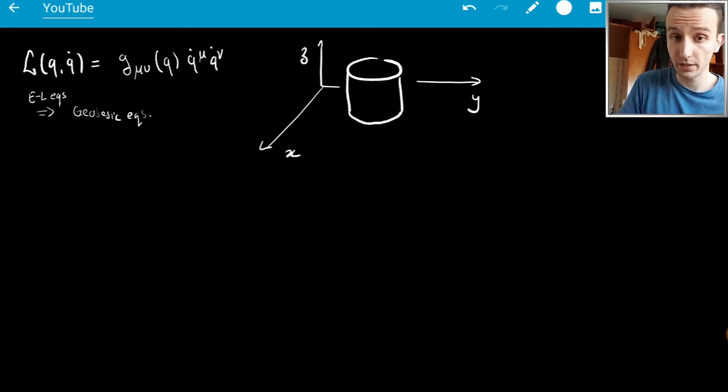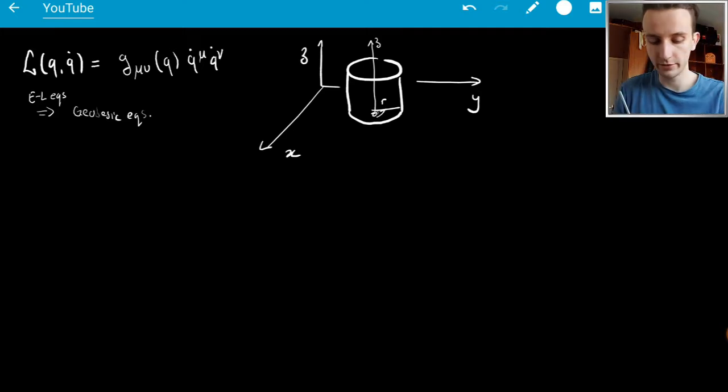And inside the cylinder, we have r, which we're going to keep fixed. z is just normal z. And then we have an angle, theta. I'm sorry, that's a little too small, but you know what a cylinder is.